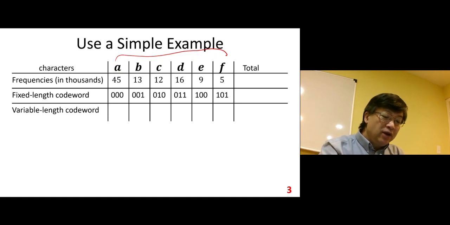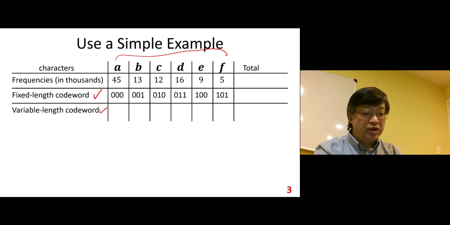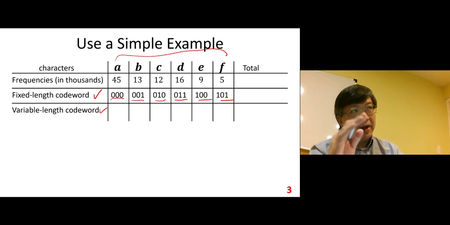Here we compare 2 different coding methods: a fixed length code word and a variable length code word. For fixed length, each character uses 3 bits. That's so easy, right? Look at how many total bits you need.